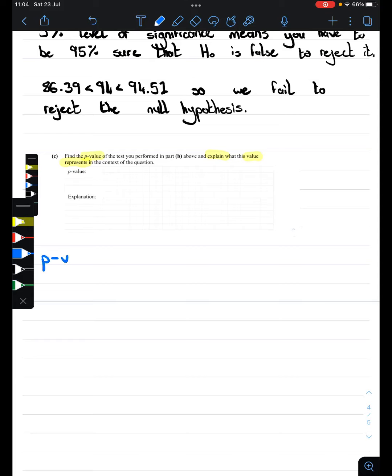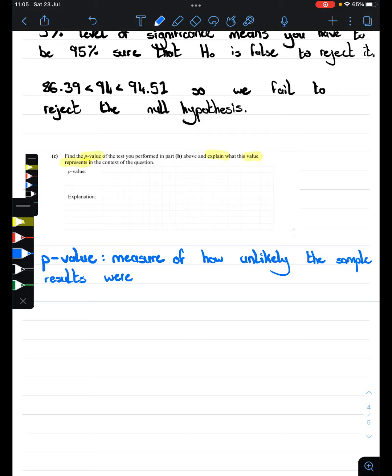The p-value is sort of like the measure of how unlikely the sample results were, assuming that the null hypothesis is true.